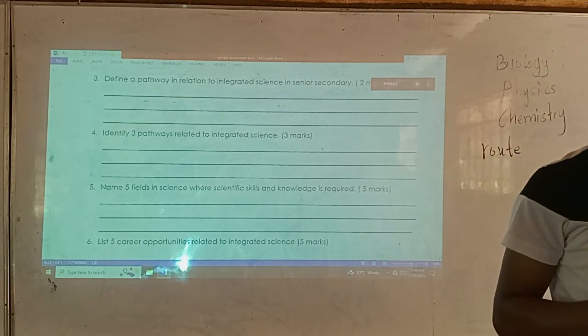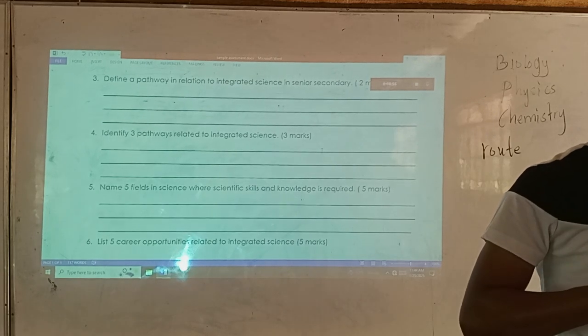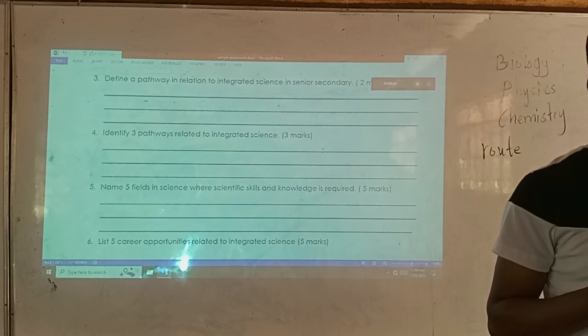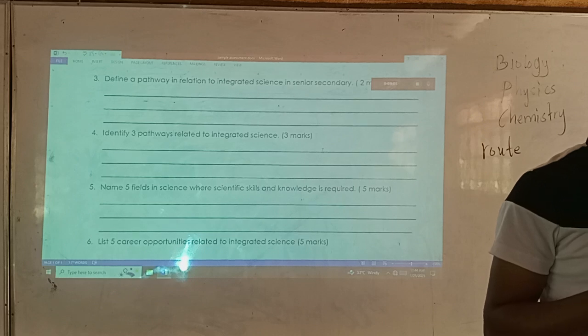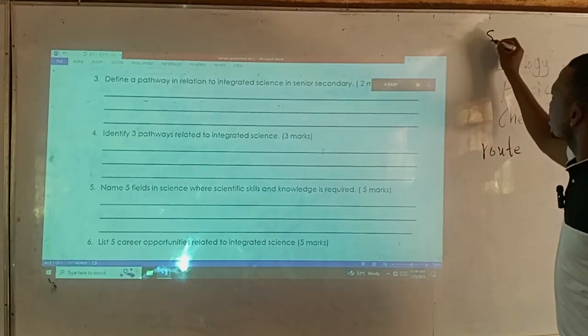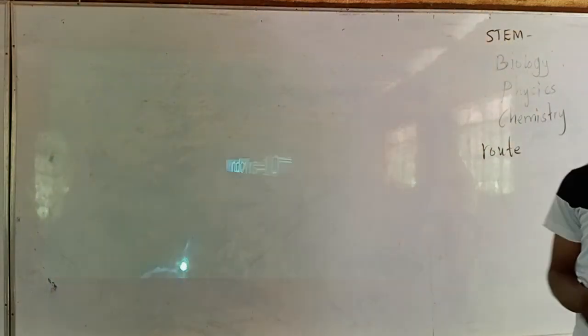The 3 pathways. Let me have group 1 to give us the answer. Group 1. Social science, arts and sports science. Yes. What is STEM? You know you are talking of STEM. STEM stands for what?